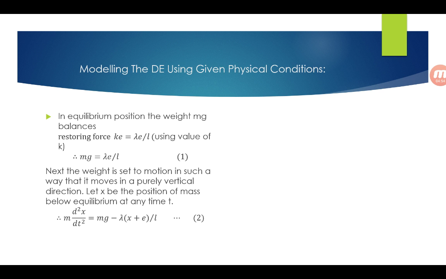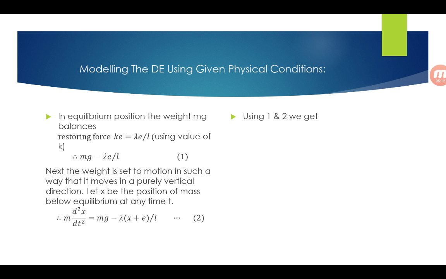The second term we obtain with the help of Hooke's law, where lambda by L is the value of k, and x plus E is the total elongation in the length of the spring.